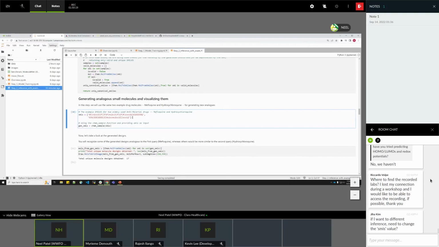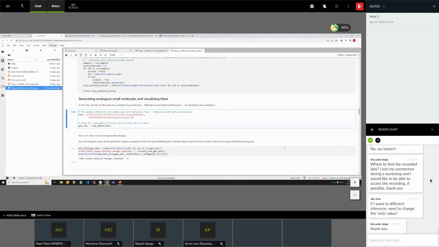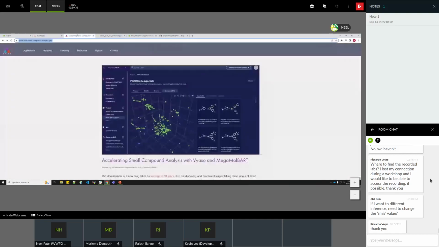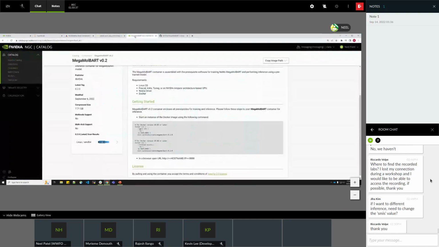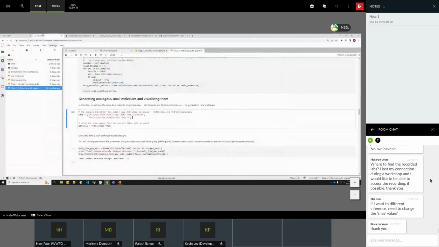Okay, so I guess with that, I will conclude this lab, and you are free to follow the lab at your own pace and follow the steps that are mentioned. Please reach out to us if you have any questions. Please check all the other pages that I mentioned previously for the resources about the model, and also some of the blog posts and recent announcements at GTC.